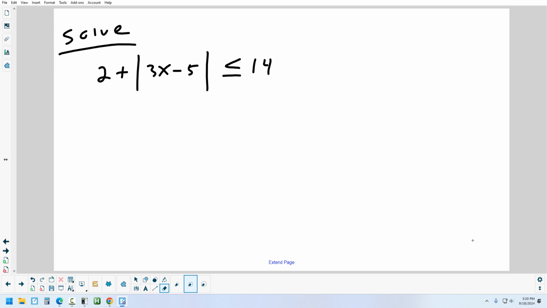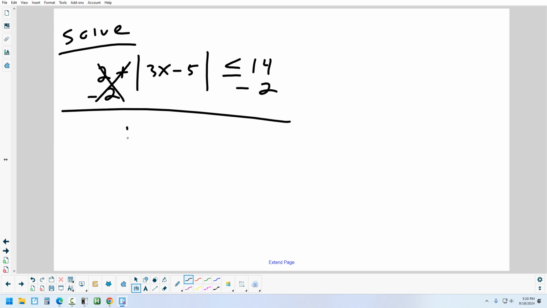So what do we have to do with that plus 2 to put that on the other side? Yep, so we're going to subtract 2. That's gone. Okay, now is the absolute value by itself? Yep. So now we're ready to split it into two problems.